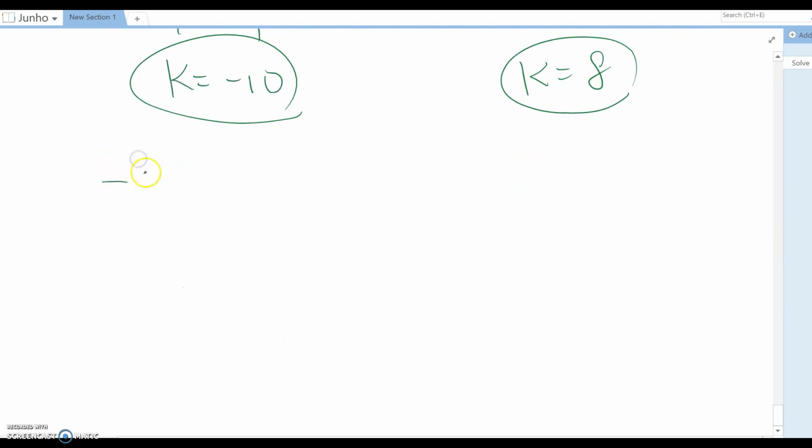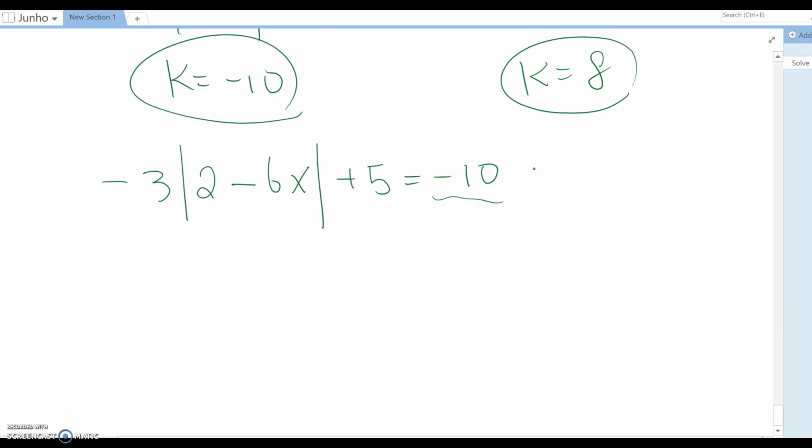Negative 3 times the absolute value of 2 minus 6x, plus 5, equals negative 10. As we did before, we need to isolate the absolute value term. And don't assume yet that there is no solution just because this is a negative value.